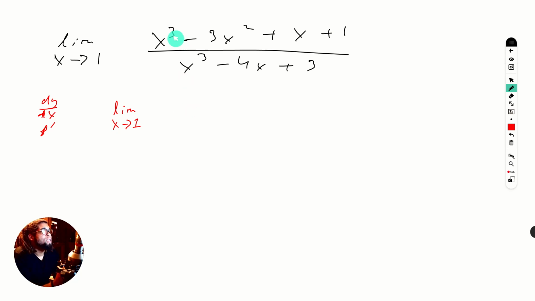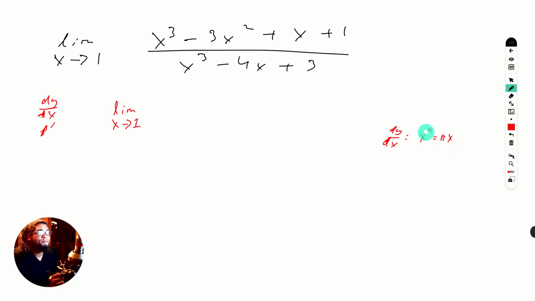First, to find dy dx, we're going to move the variable into the constant.